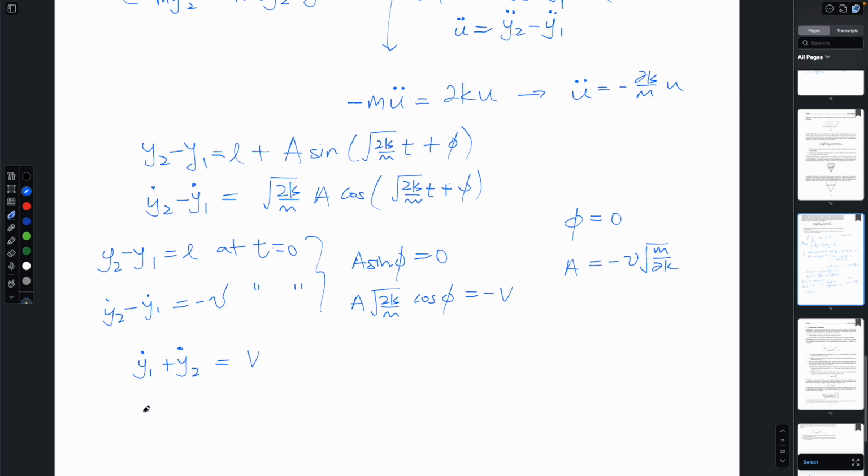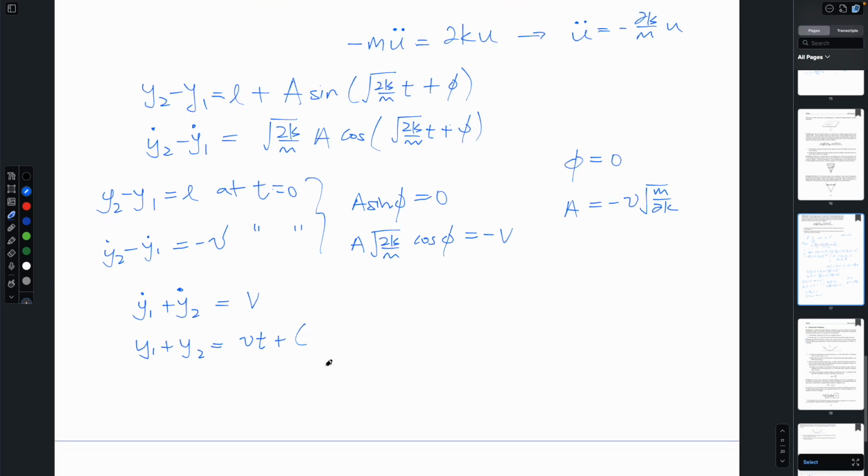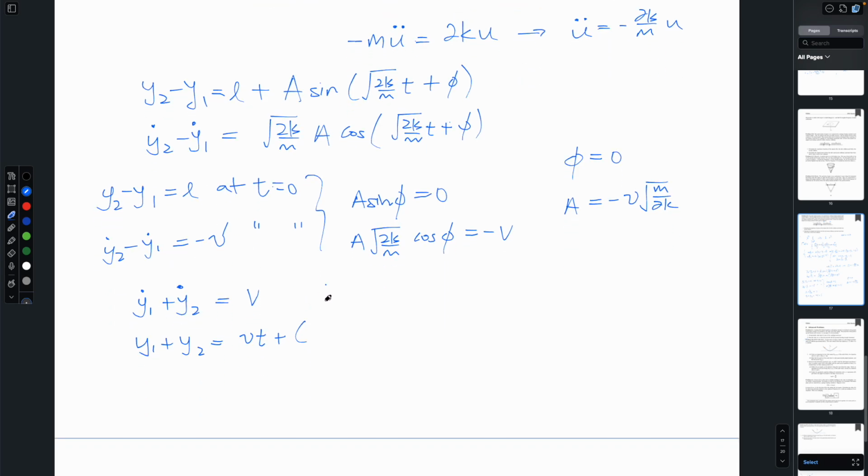And then y1 plus y2 is equal to velocity times time plus c, where c is a constant. Okay, so then with all of this, we can just solve the differential equation now. We can just plug in all the constants.